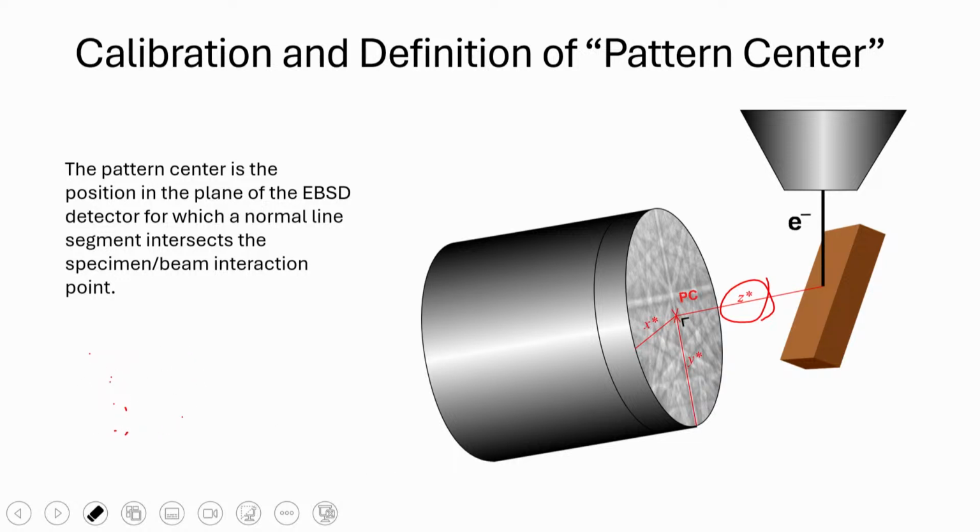It's drawn on there that it's normal. It's got a backwards kind of normal sign. So this segment is normal to this plane of the phosphor. If the phosphor was aligned in a horizontal position, then it would be a horizontal line.